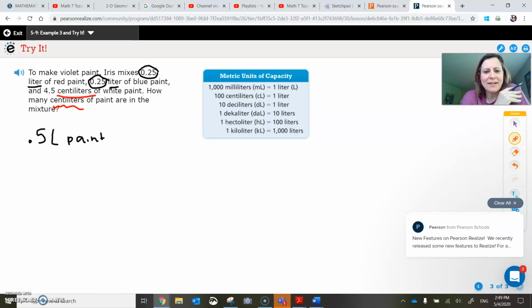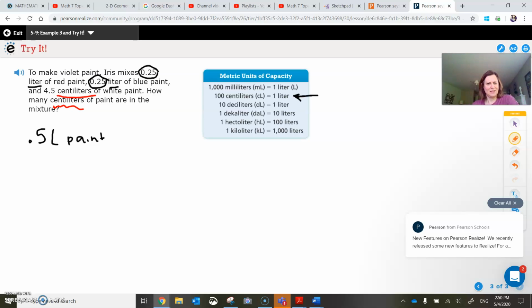So we want to take that half a liter of paint and change it into centiliters. And I can tell by looking at my metric units of capacity that this right here is the one I'm going to want to use because 100 centiliters is equal to 1 liter. And right now we have half a liter.